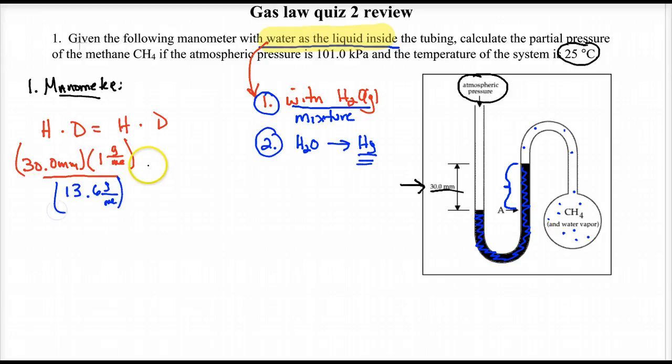The units cancel, and we're left with millimeters. So when I take my 30 and divide it by 13.6, I get 2.206 millimeters of mercury.